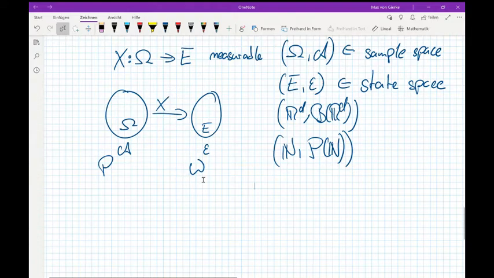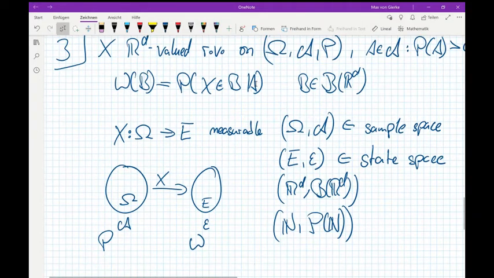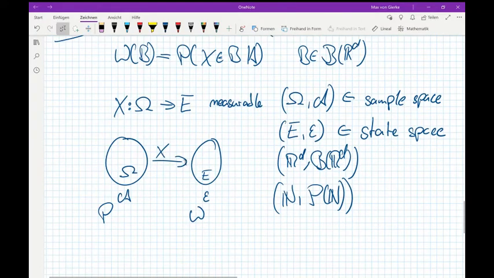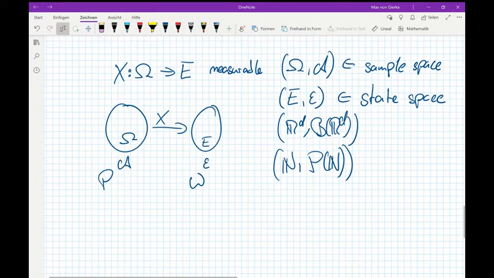Well, if we do it unconditionally, so we ignore this A here, then we just look at the image measure of X. So we have this P, and we look at the image measure of X regarding this P. This is just our distribution of X. So our distribution of X is defined here, but it's defined as the image measure. So indirectly we land in here.